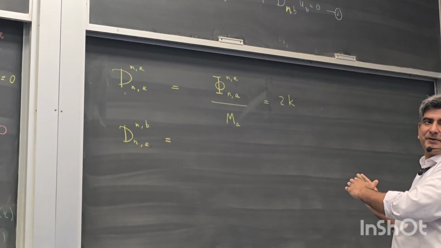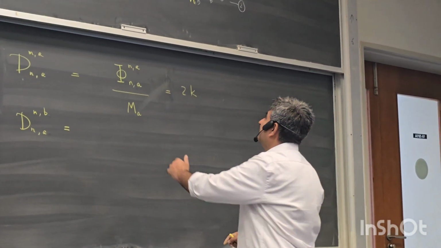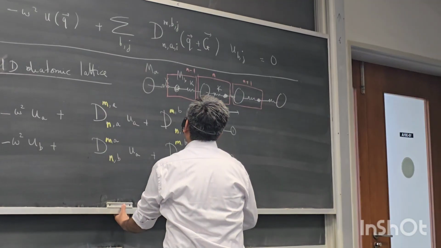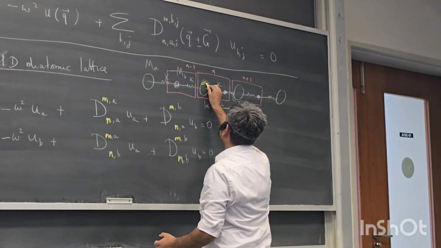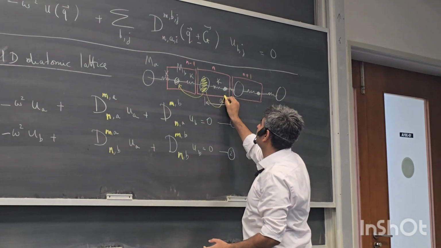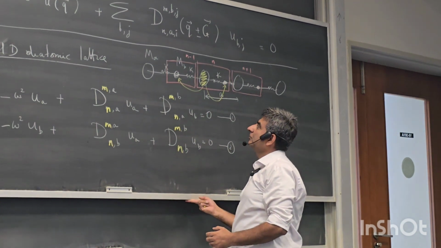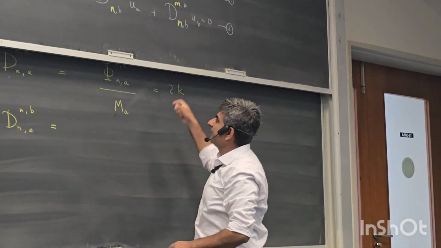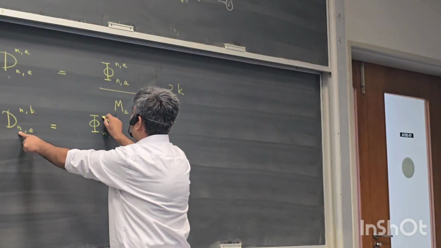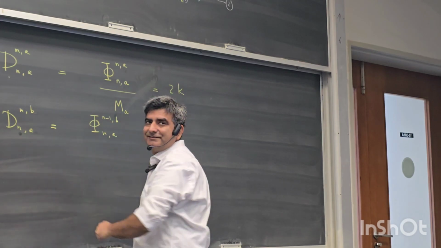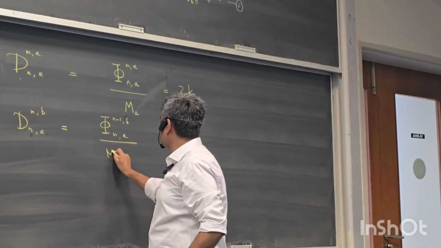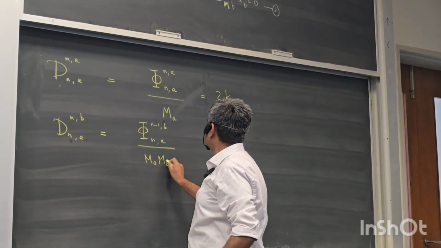Okay, so if it's connected with an atom in the previous unit cell, you see here I'm looking at an A atom. It's either connected with the B atom in the previous cell or in the same cell. So if I look at the previous cell, I will get phi NA n minus 1 B, divided by, now there are 2 different kinds of atoms, so the square root of M_A M_B.